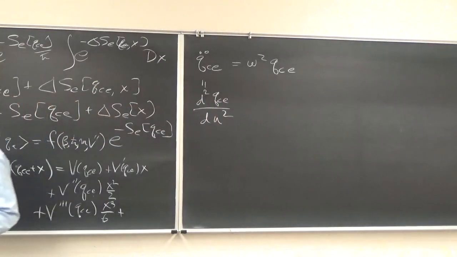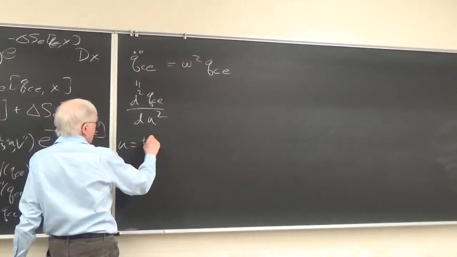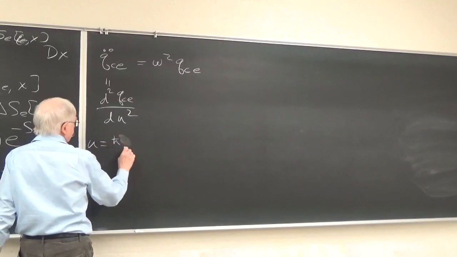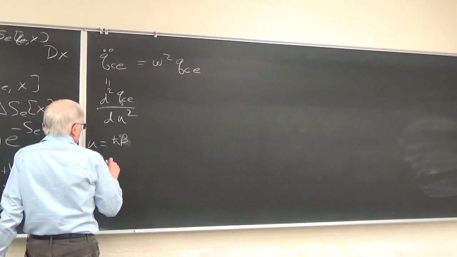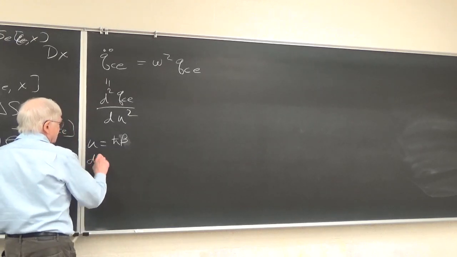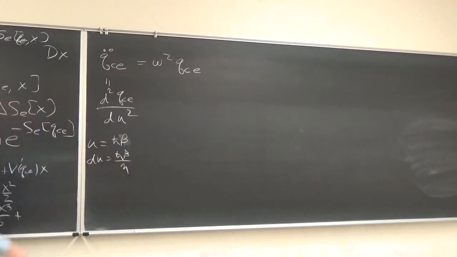We're talking about u, where u is h bar epsilon, h bar beta, and du is h bar beta over n, in other words, a tiny piece of that. So the dot here is a time derivative, a Euclidean time derivative.